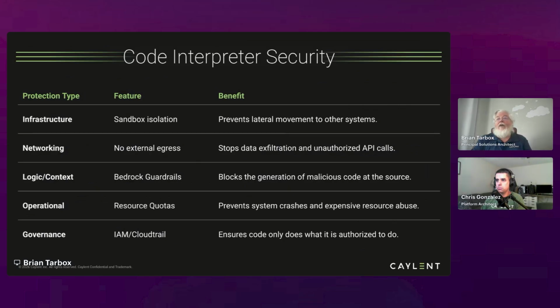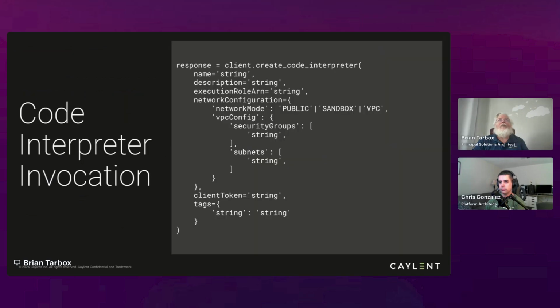You can have Bedrock guardrails, which you should be doing anyway. Operational resource quotas, so you can protect against denial of wallet attacks. And then, of course, you should be doing IAM and CloudTrail. But most of these are just table stakes. But it's important to say agents are wonderful, AgentCore is wonderful, but there's still the shared responsibility model, and there are still things that you have to do.